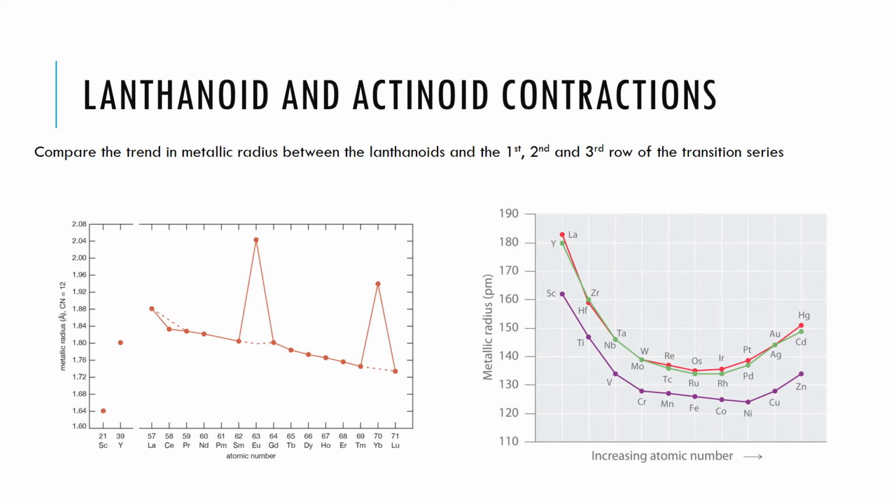Now, if you were to compare the metallic radius between the lanthanoids and the first, second and third row of the transition series, you see a very stark difference. Apart from those seemingly anomalous results at europium and ytterbium, the trend in the decrease of the metallic radius is pretty consistent. That's unlike that of the first, second and third row of the transition elements.